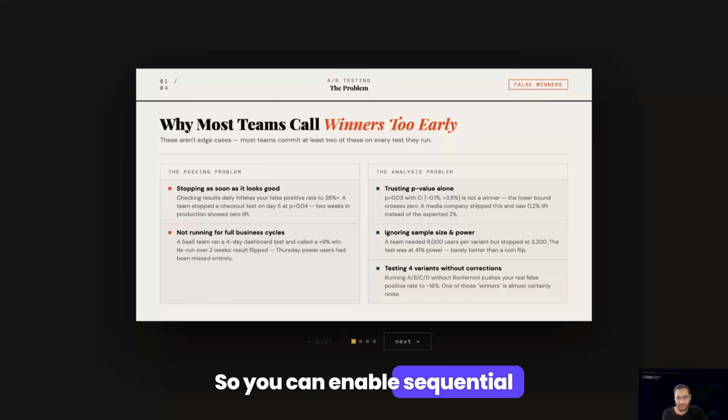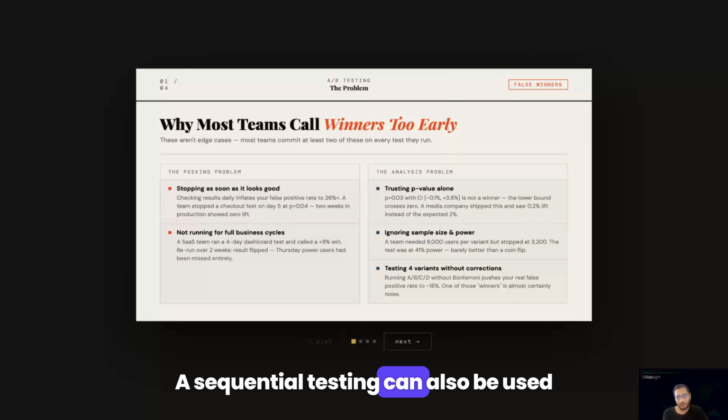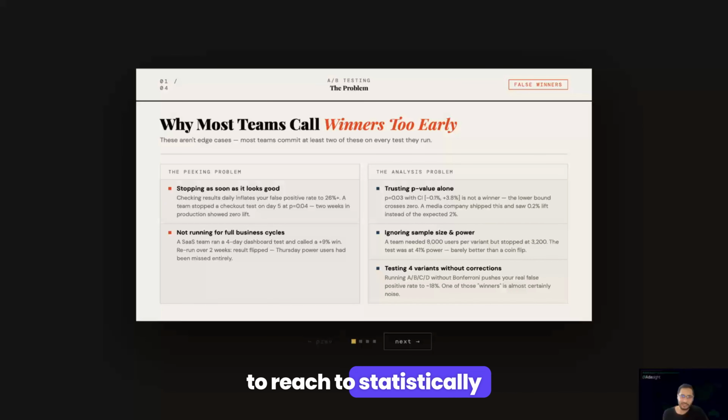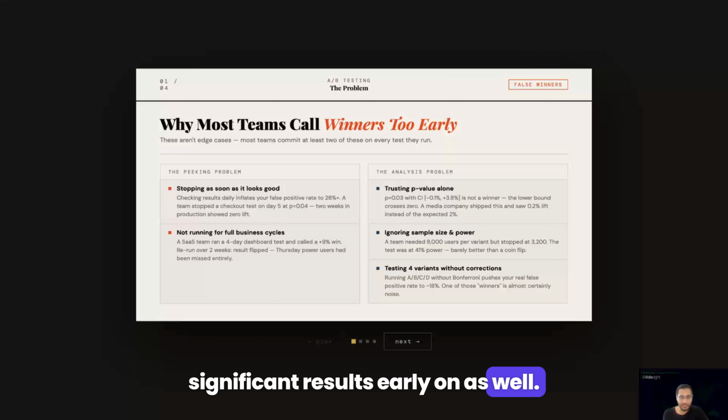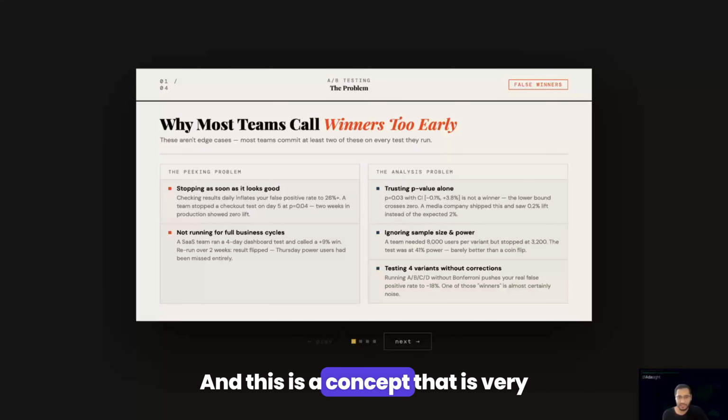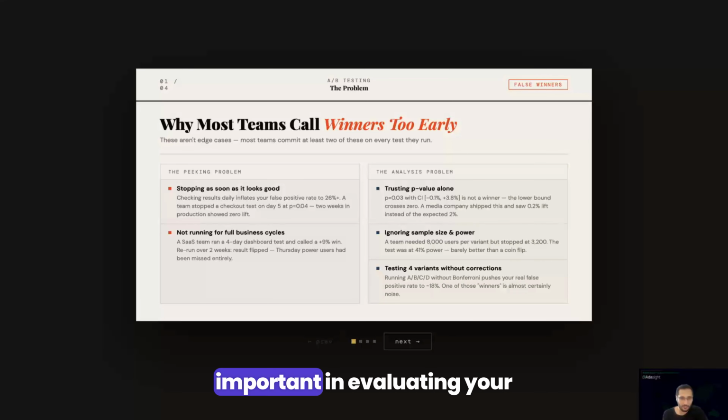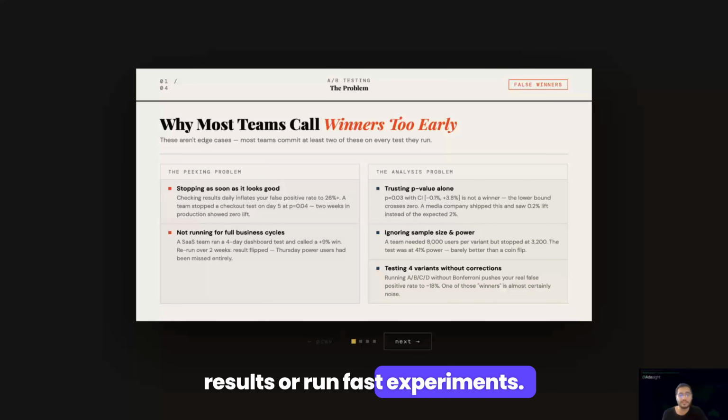So you can enable sequential testing and then you can peek into results, and with this you can decide whether you have a winner earlier or not. Sequential testing can also be used to reach statistically significant results early on as well. And this is a concept that is very important in evaluating your results or running fast experiments.